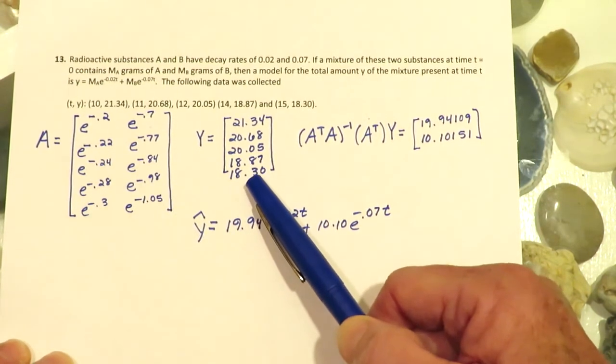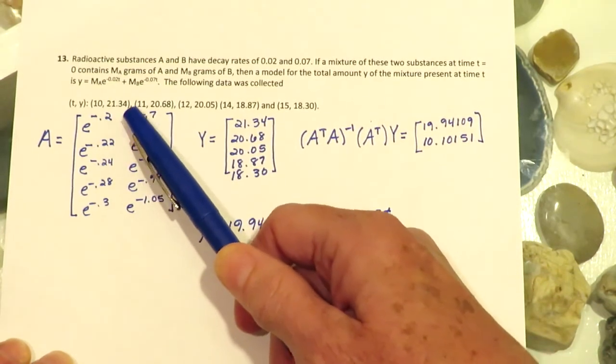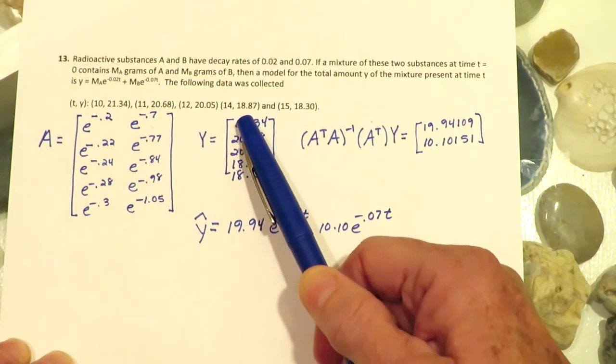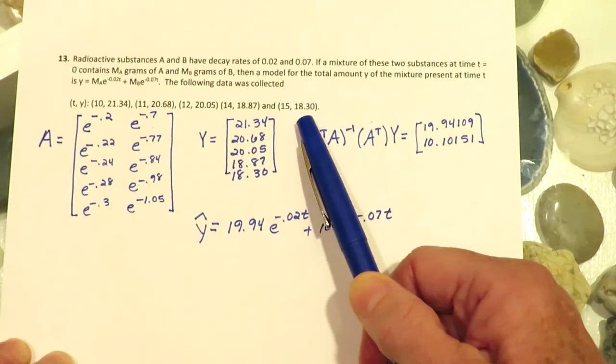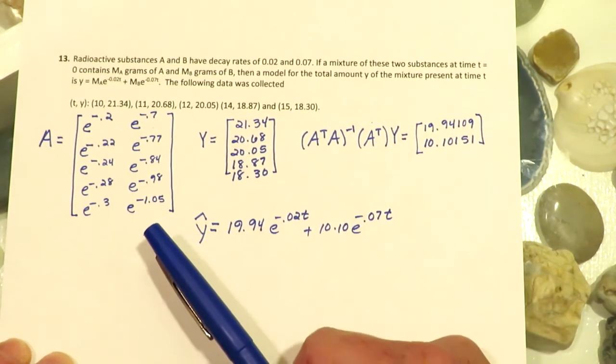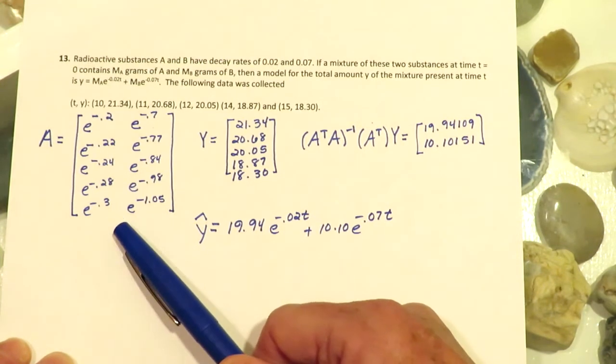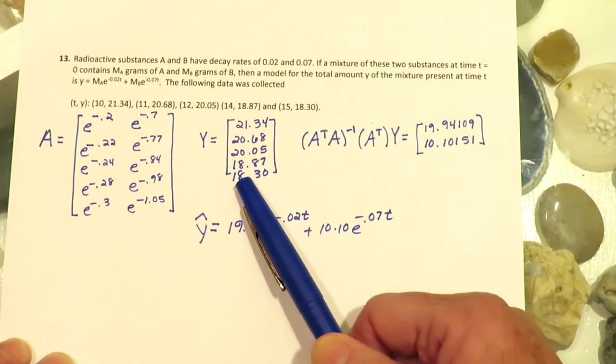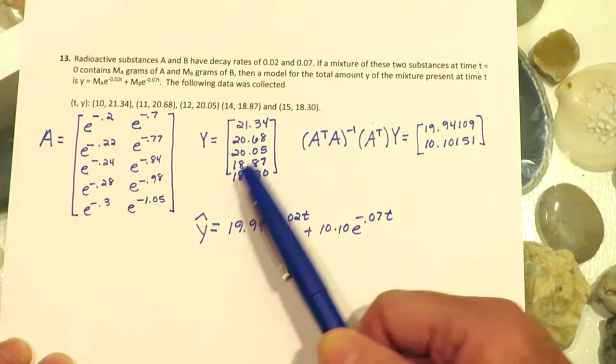My y then is the set of y's: 21.34, 20.68, 20.05, 18.87, 18.30. And I put this carefully into my calculator as a matrix, and this as another matrix.